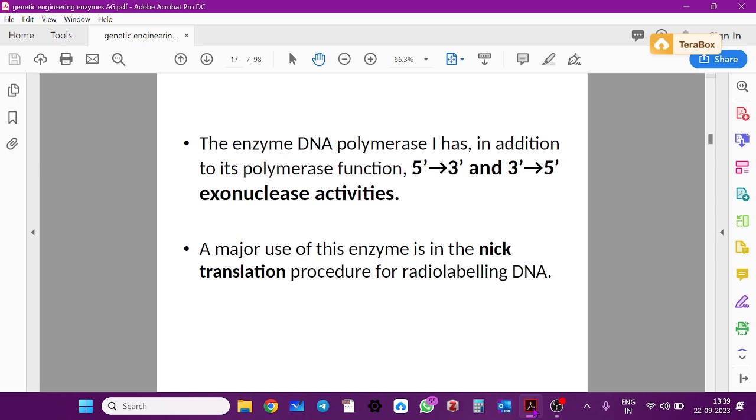Discovered by Kornberg. It has got three types of function. Polymerase 1, three units are there in this. One is the 5' to 3' exonuclease.